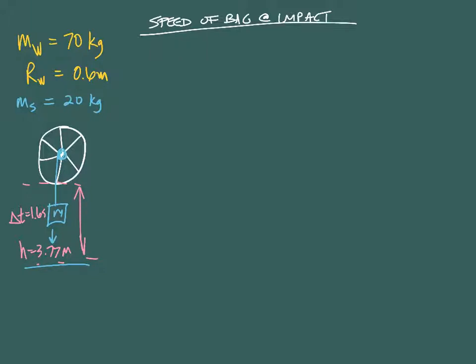So what we can do, I know that if I use the first zeroth law in its general form, it says that delta S equals V bar delta T. The difference being that I have a delta Y here in my situation.